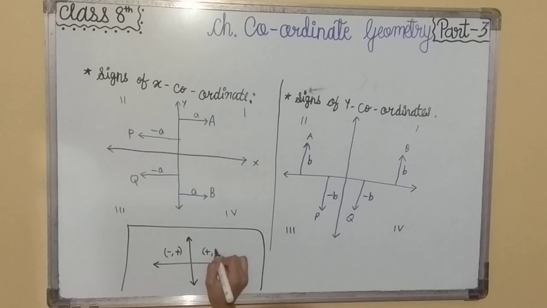This is plus, comma, plus. This is minus, comma, minus. And this is plus, comma, minus. These are the signs. So the signs of the coordinates in diagonally opposite quadrants are opposite to each other. I hope you have understood the whole topic till this.